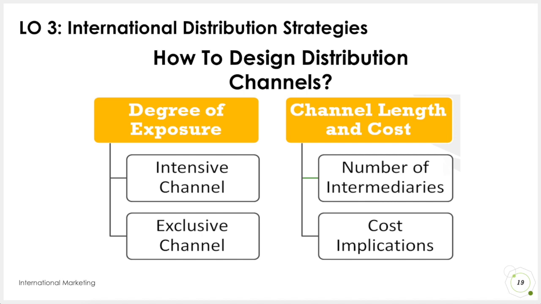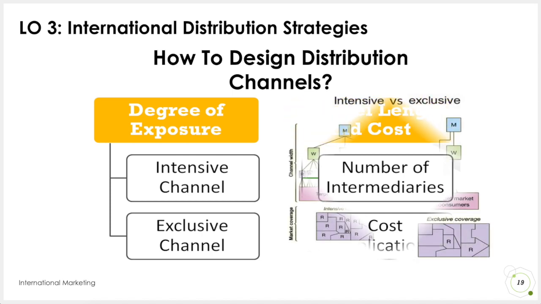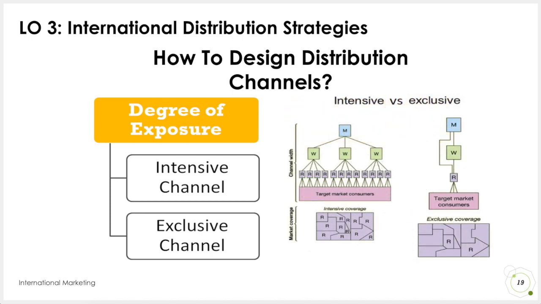In promoting the product to the greatest number of potential customers, a marketer must determine the degree of exposure needed. So, there are two channels which have different degrees of exposure. In an intensive channel, a manufacturer or producer grants the right to sell its product to many resellers. An intensive channel provides buyers with location convenience because many outlets will sell its products.